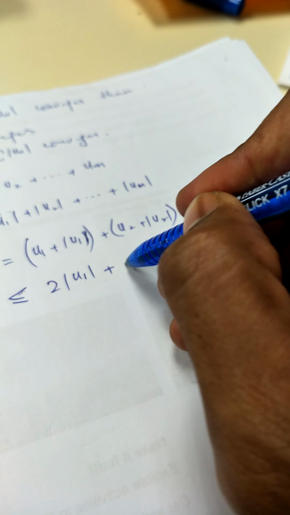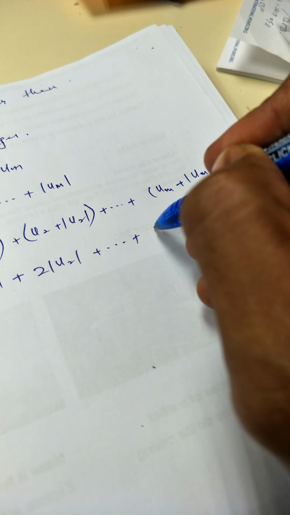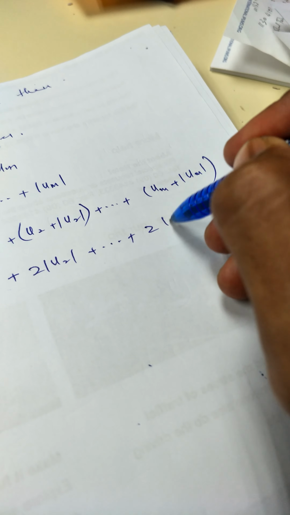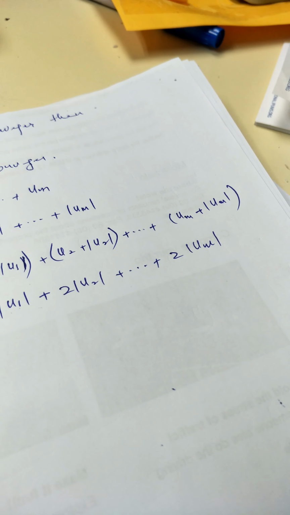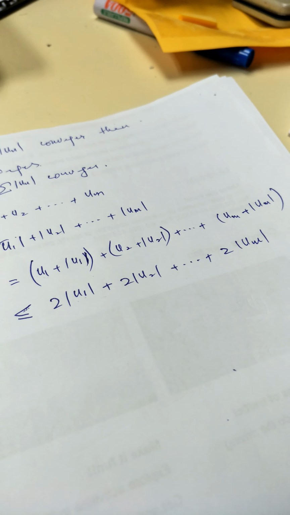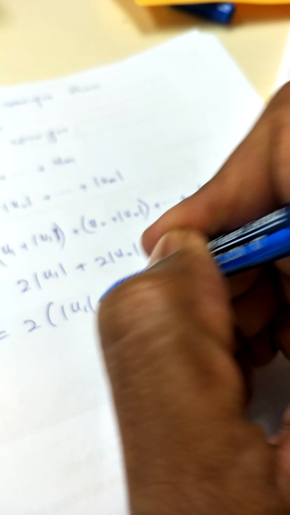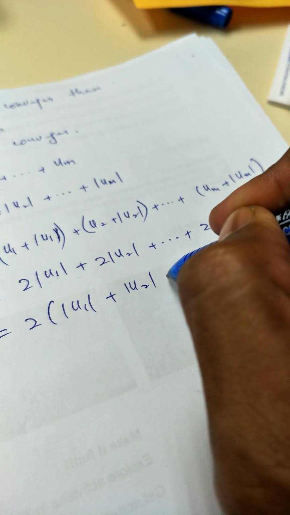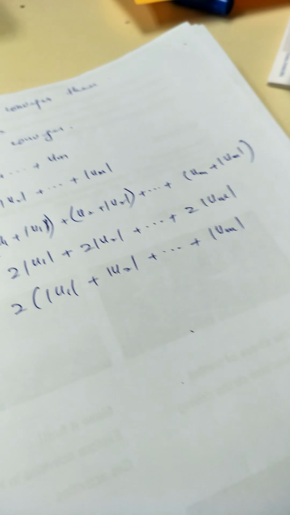You can do the same for u2 and so on up to um. Then I can rewrite this as 2 times the sum of the absolute values of u1 plus u2 plus up to um.